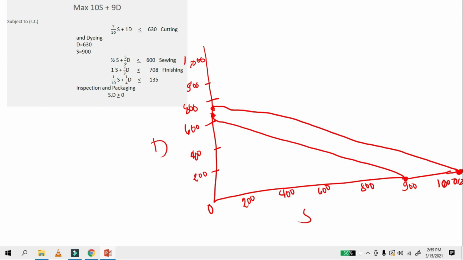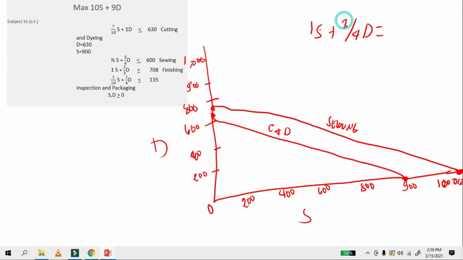Okay, for the next one, we have the finishing. Let us label the first two constraints we have here. The first one, cutting and dyeing. The second one, we have sewing. And for the third one, we have finishing. So for the constraint finishing, we have 1S plus 2/3 D, it should be less than or equal to 708.